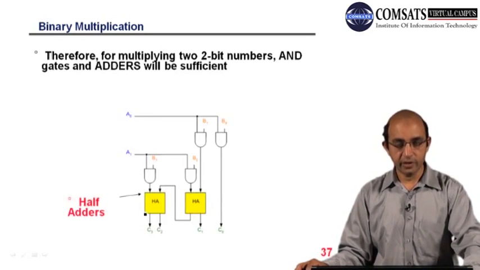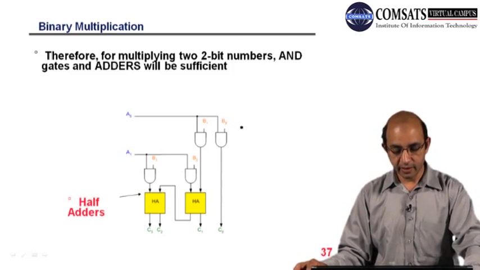If we think about the design, you can see that we have the two numbers A1 A0 and B1 B0, two binary numbers, and then here we have the carries C0, C1, and here we have C2, C3.